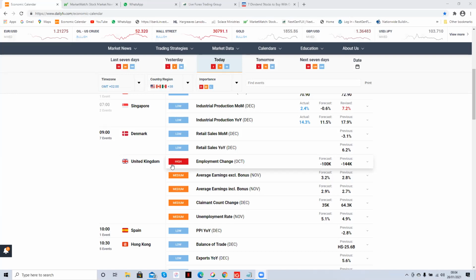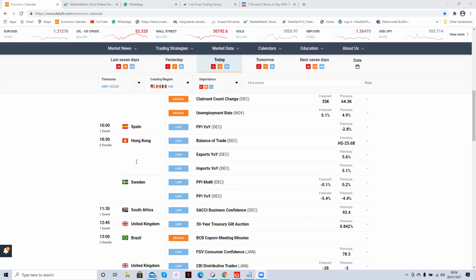And as we also know, the same with America, reports of high importance from America affect all markets. So you want to be careful trading prior to reports of high importance from the UK, even though the pound is not in the Euro-US dollar currency pair. So that's at 9 o'clock, GMT +2, Rwandan time.